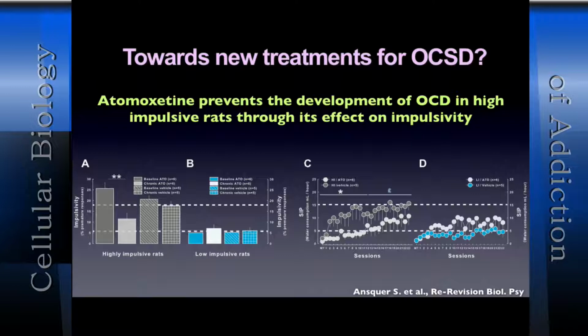The point is, atomoxetine decreases impulsivity only in high impulsive animals. It has no effect in non-impulsive animals. And it also decreases the emergence of compulsive behavior and the overall level of drinking in high impulsive animals.